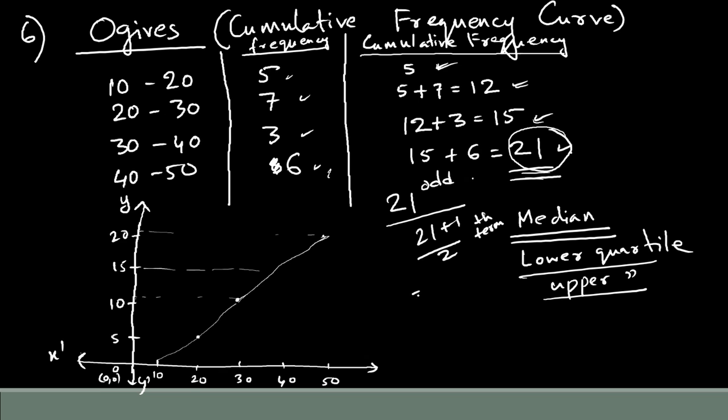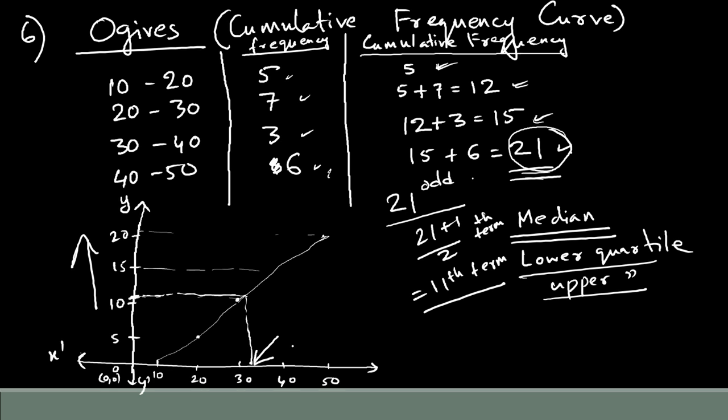Since n is odd, this is the 11th term basically. 11th term is the median. So you will see this is the number of students here, so the 11th student is somewhere here, right? When you draw this to the curve, the corresponding number here will give your median.